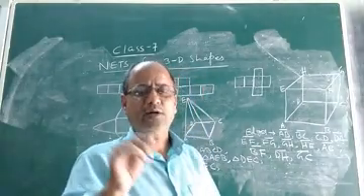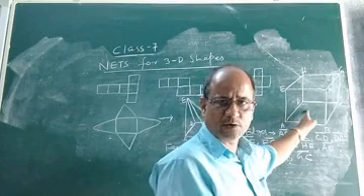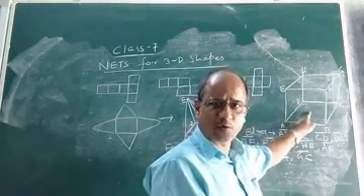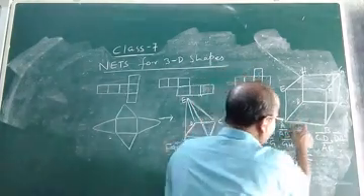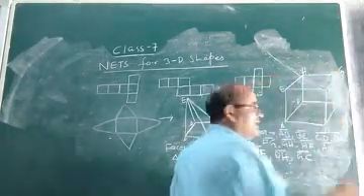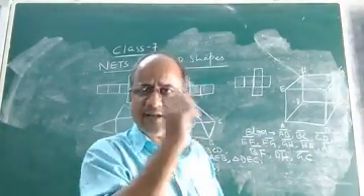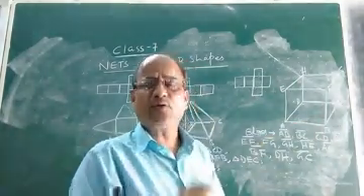Now what do you do? Take a cardboard. If you cut the cardboard along its edges, this is one edge, this is one edge, there are 12 edges. Along each edge, if you cut a cardboard which is a cube, what will happen?